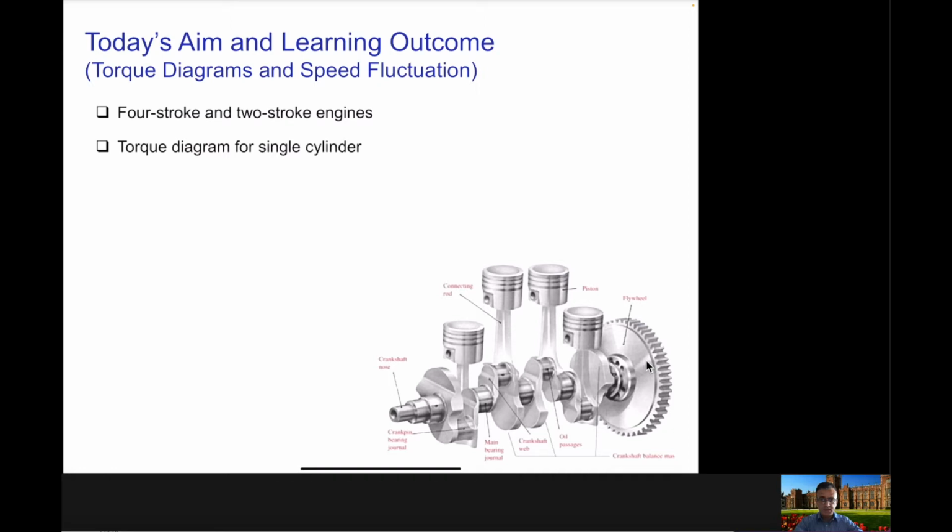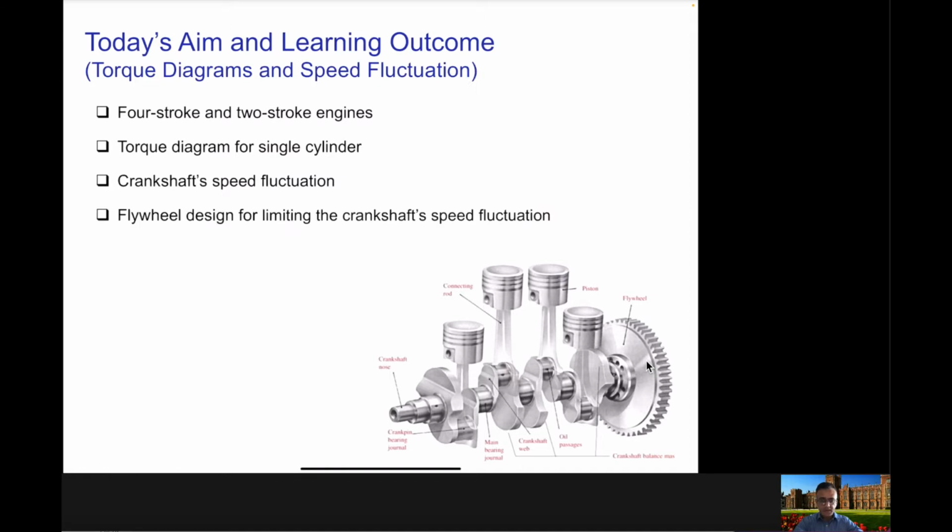Then we will discuss the torque diagram for a single cylinder, and because the torque diagram fluctuates over the crankshaft angle, we will also discuss how the crankshaft speed will change over time.